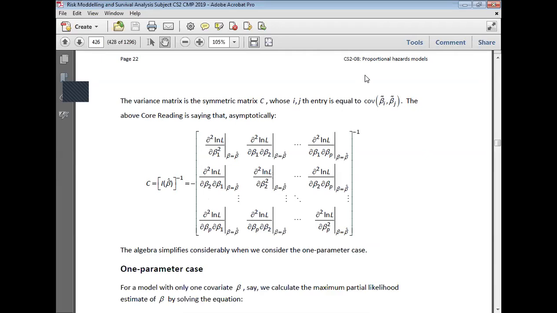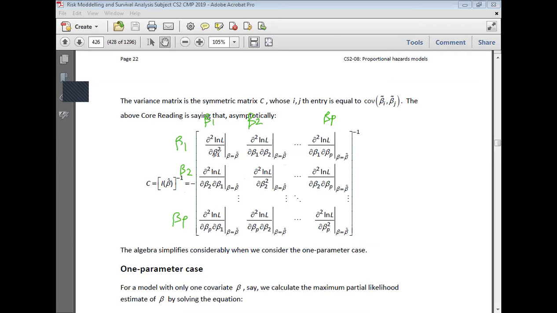You don't necessarily have to remember all of this because it's very easy. If you write beta 1, beta 2, and so on till beta p here, and then beta 1, beta 2 till beta p, every time in the numerator you have the log likelihood as it is, and the two parameters that you differentiate this with.